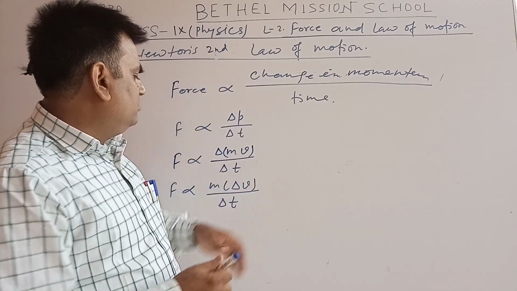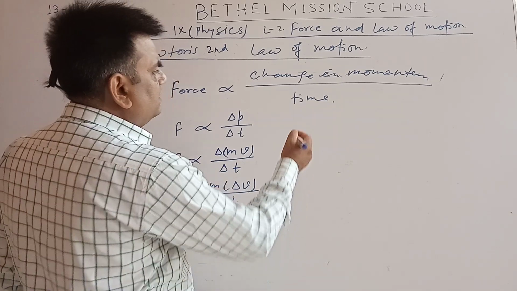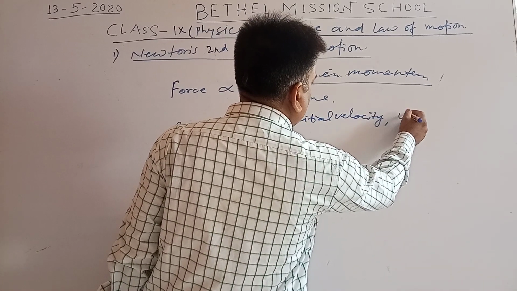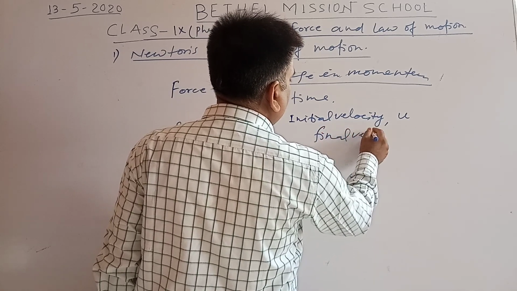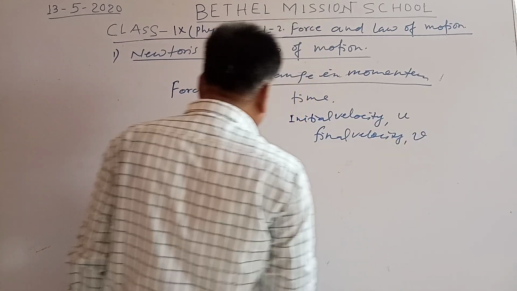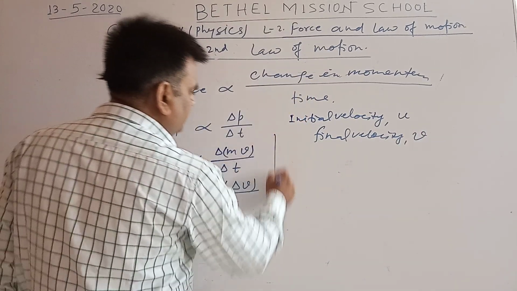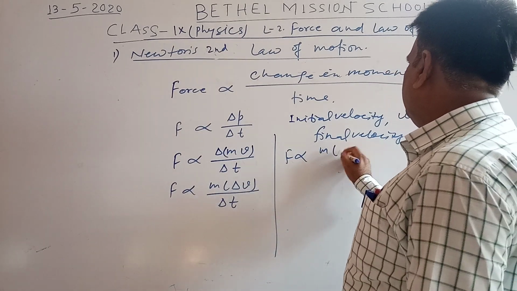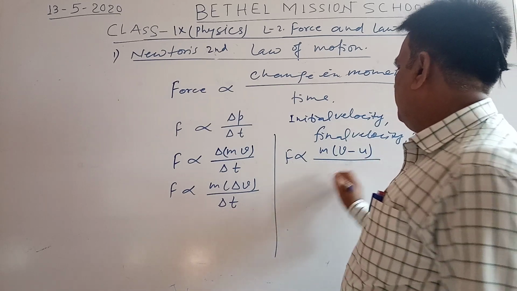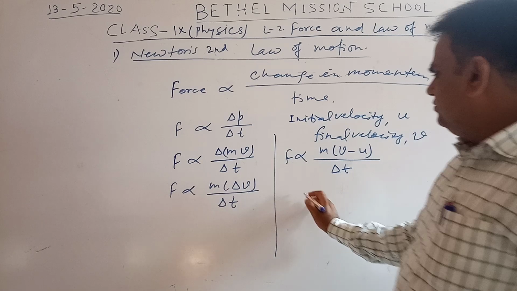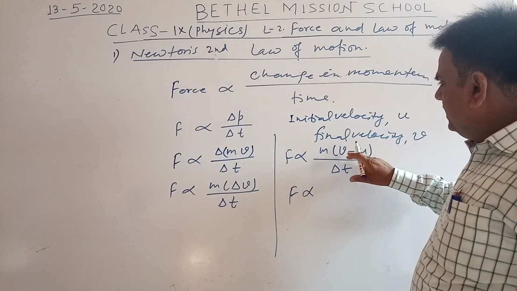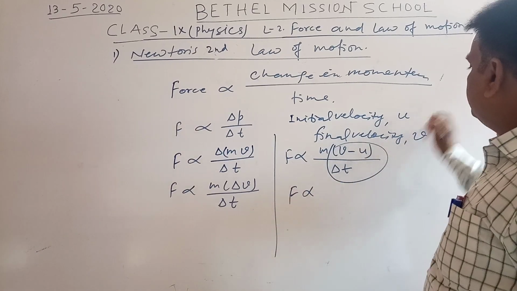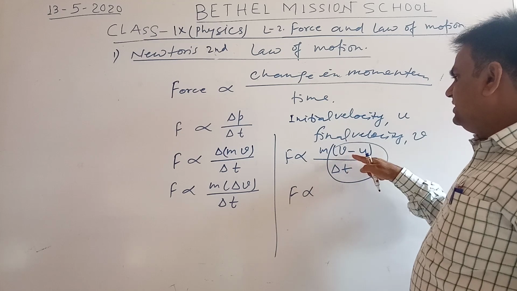Suppose the initial velocity of the object is u and final velocity is v, then change in velocity is v minus u. Then F is directly proportional to m into (v minus u) upon t, and this is the acceleration, the rate of change in velocity.